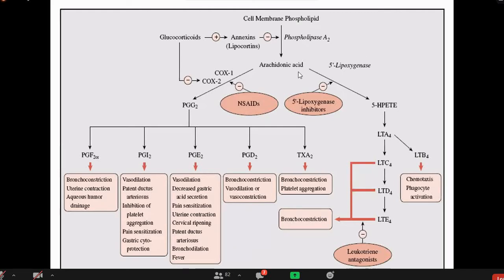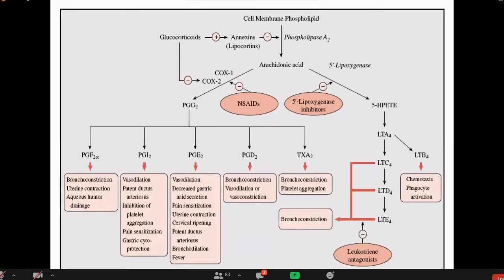And the second pathway, when there is the action of the lipoxygenase enzyme on arachidonic acid, it will enter the lipoxygenase pathway, which produces a very important series of compounds, the leukotrienes, right? And the key point we must know related to this topic is that leukotrienes are supposed to be the most powerful bronchoconstricting agents, right?